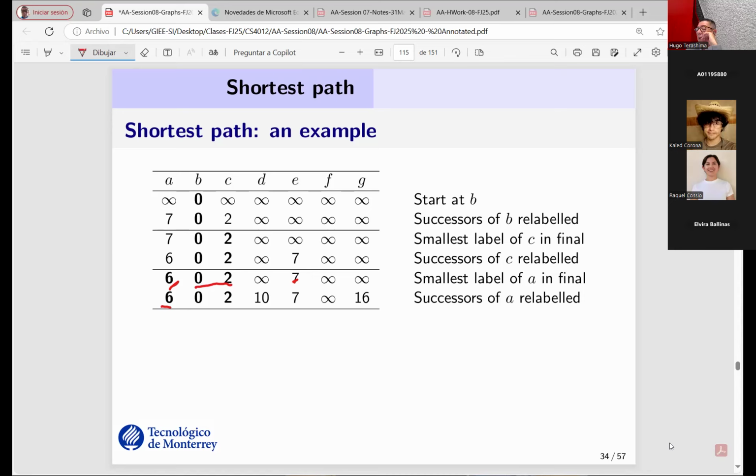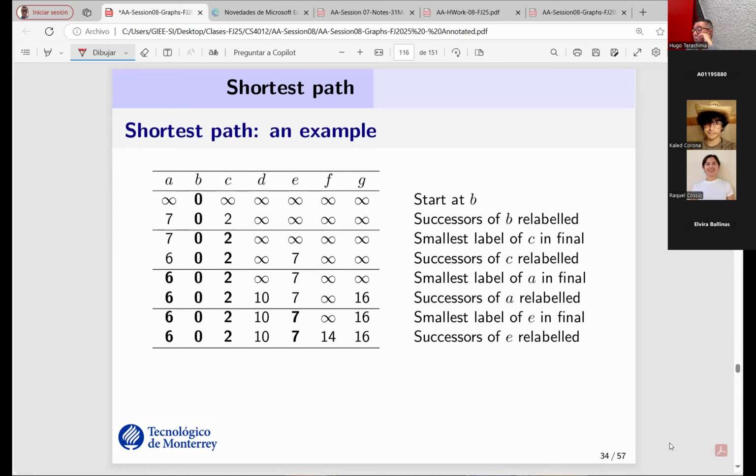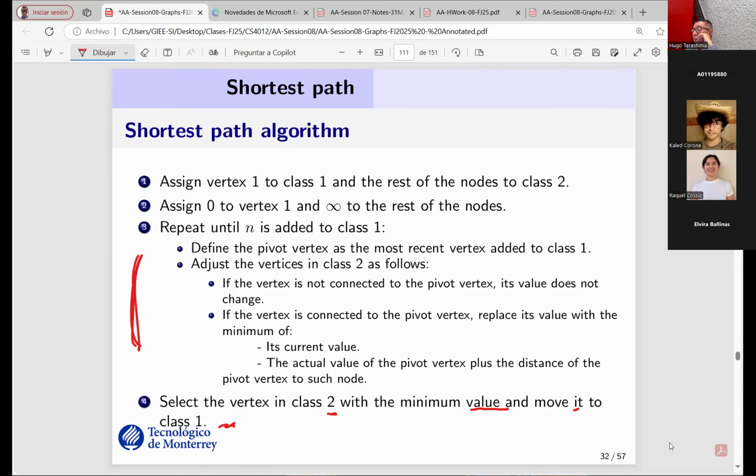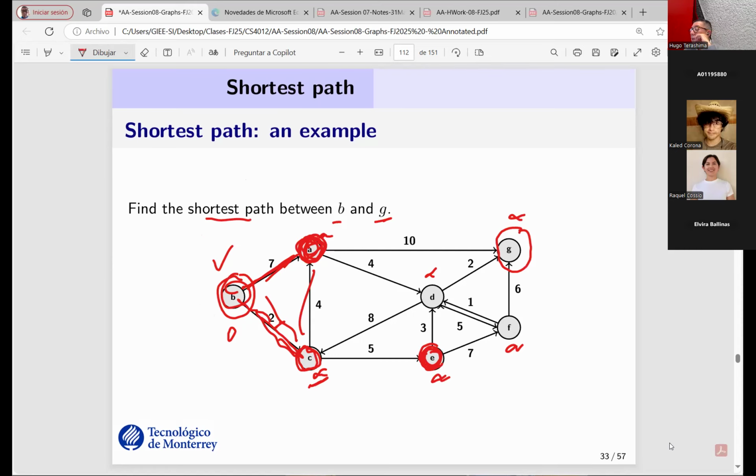Now the ones that are connected: A is connected to, I'm sorry, A is connected to G, right? And 6 plus 10 is 16. And then D, which is 6 plus 4 is 10. And that's it, right? These two.